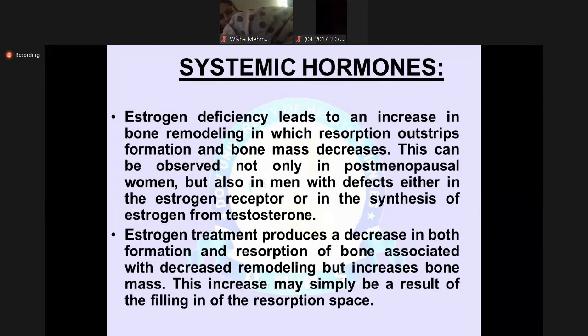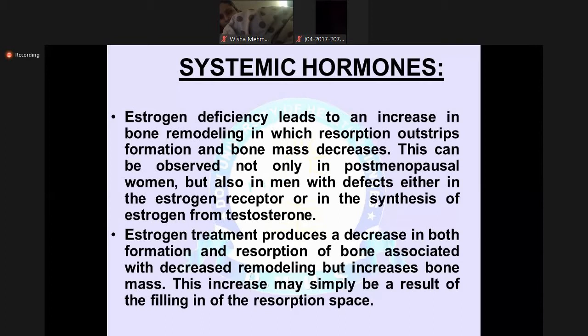Then another very important hormone, estrogen. Estrogen deficiency leads to an increase in bone remodeling, in which resorption outstrips formation, and bone mass decreases. So in old age and in females after menopause, when there is estrogen deficiency, what happens? Osteoporosis, the bone disease, is very common.